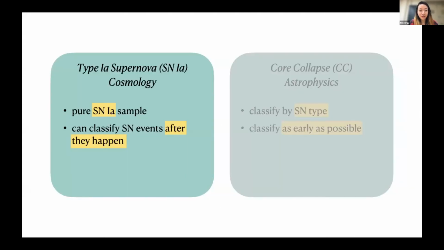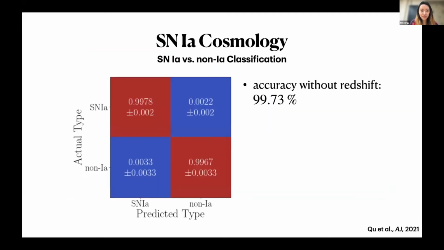So how well does this approach actually work? Now we can go back to our agenda and look at the approaches one by one. So for cosmology, again, we're interested in a pure Ia sample and we can do classification after the fact. So this is an Ia versus non-Ia classification problem, which means we're classifying between two classes. And this diagram that I've shown on the left is called a confusion matrix.